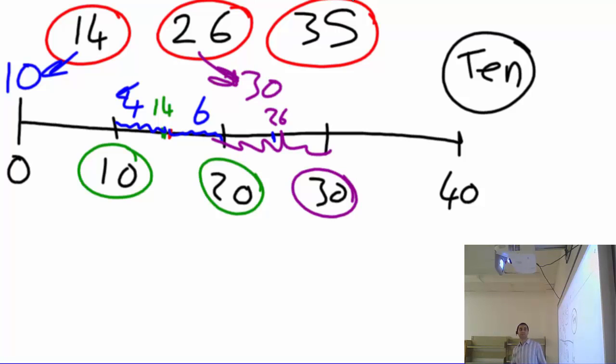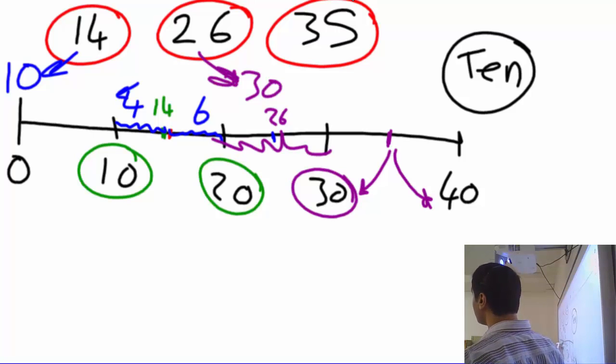35 is exactly in the middle. You can either go up to 40 or go down to 30. So it's exactly in the middle. Therefore, mathematicians came up with the idea, since everybody has a different opinion about this, let's go down to 30, let's go up to 40.